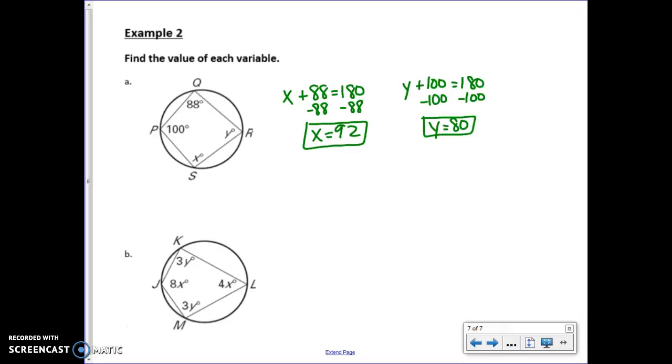We can do the same thing on part B. So 8x and 4x would equal 180. So 12x would equal 180. We divide both sides by 12. And x would equal 15.